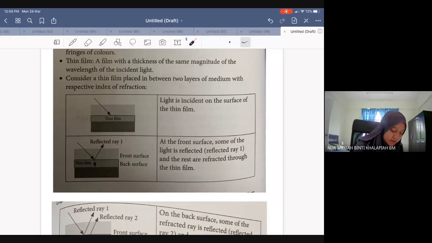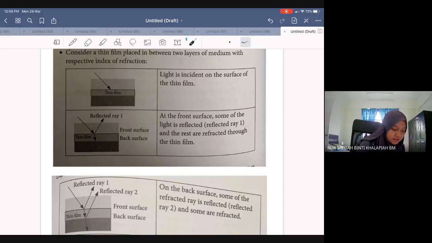So apa yang berlaku kepada light ni? At the front surface, some of the light is being reflected. So bila light pergi ke upper surface of the film, so some of the light is reflected back and some of the light will be refracted through a thin film.